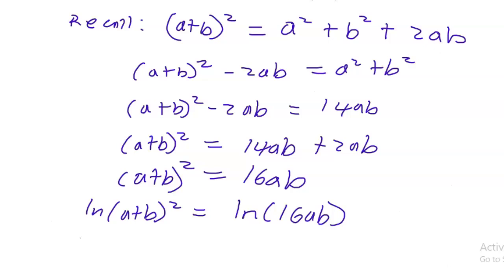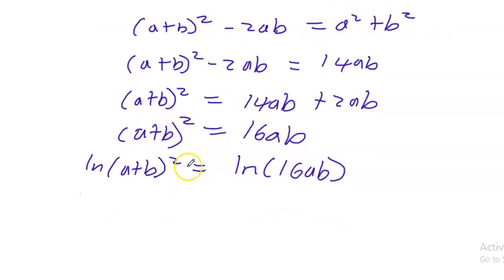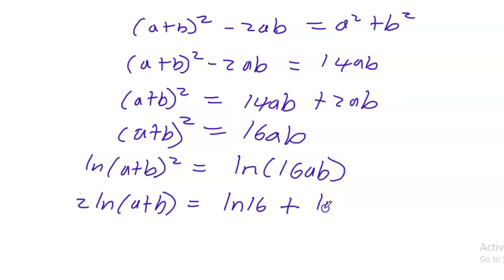Now, the law of logarithm, this 2 power here we can move to the front, so it's 2 ln (a plus b), and of course we can use another rule of logarithm to separate, so it is ln 16 plus ln a plus ln b.